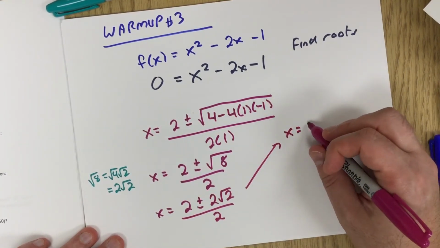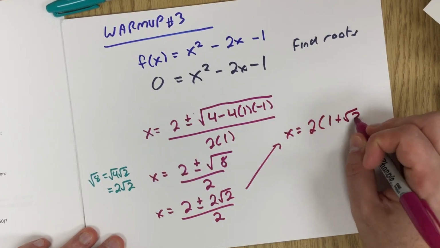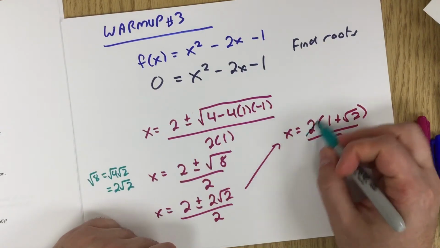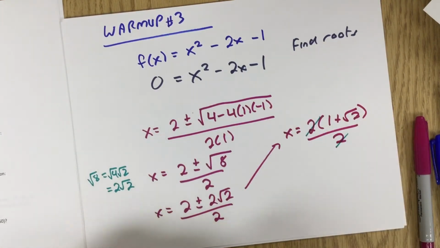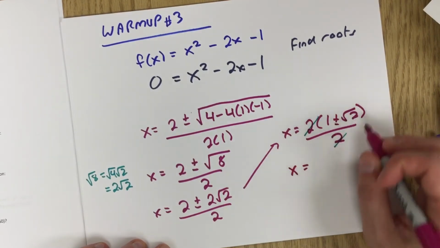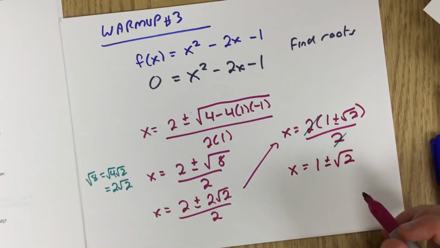X equals 2 times 1 plus or minus root 2 over 2. Those cancel. And x is 1 plus or minus root 2.